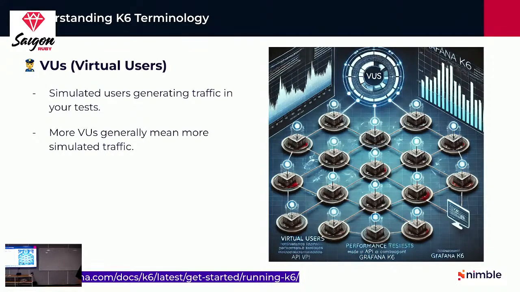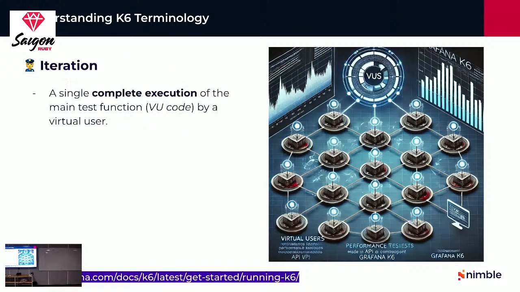We can consider running it on our local machine or on k6 cloud later. And a single complete execution of the main test function by a virtual user is called an iteration. Keep in mind that it's the complete execution. I will explain more a bit later.